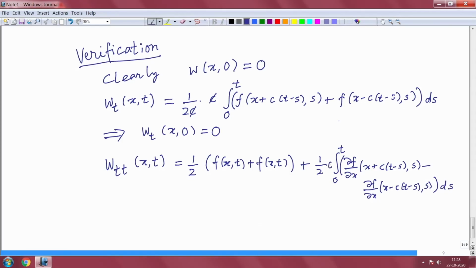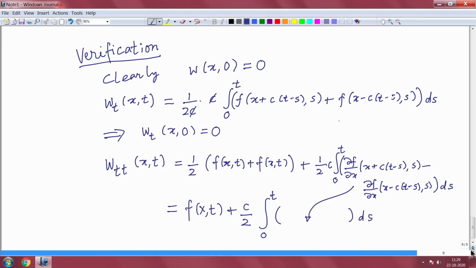And this just, let me write it, f of x, t plus c by 2, that integral. Let me not repeat that because there is no change there. So, this whole term comes here.